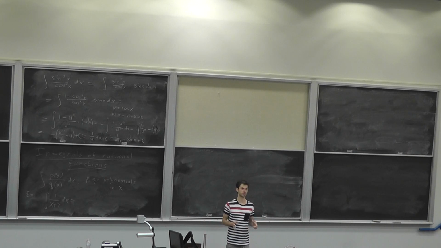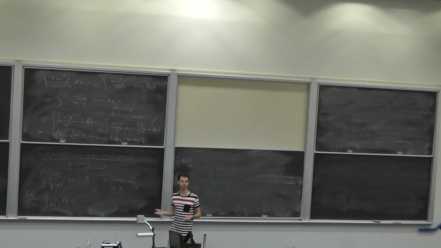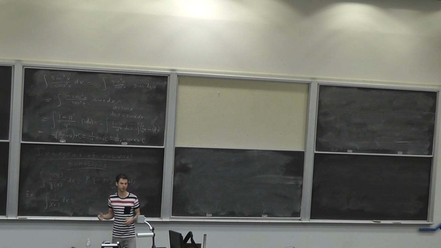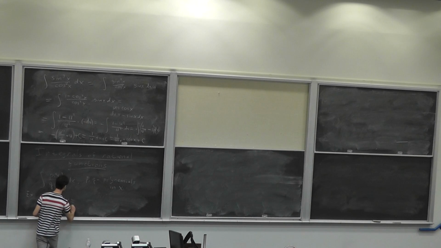This one is 1 over x plus 2. Well, we can either guess that it's the log of the absolute value of x plus 2 and check that it works by differentiating this function, or we can make a substitution using u equals x plus 2, du equals dx.